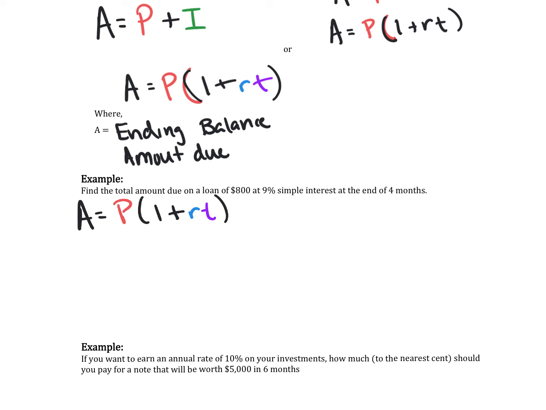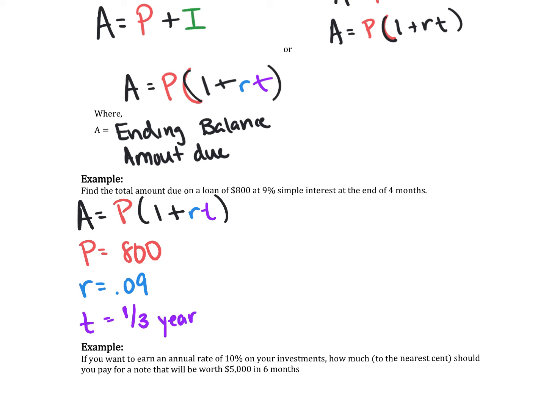So we have P equal to, well, we borrowed $800. And we have an R rate expressed as a decimal, 0.09. And our T, our time in years, remember, we have to write 4 months in years. So there's 12 months in a year. So 4 divided by 12 is equal to 1/3 years.